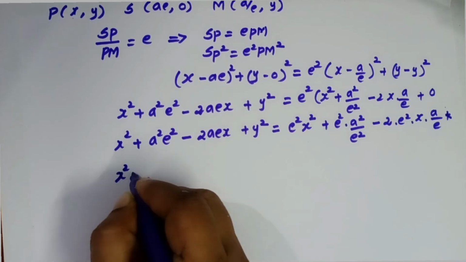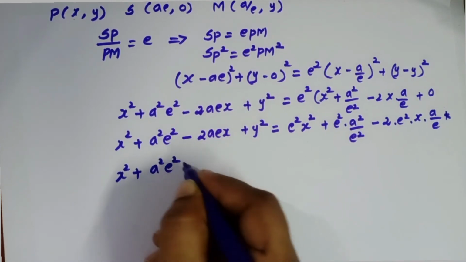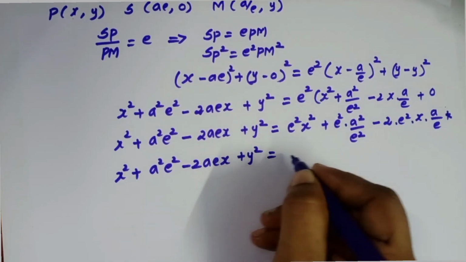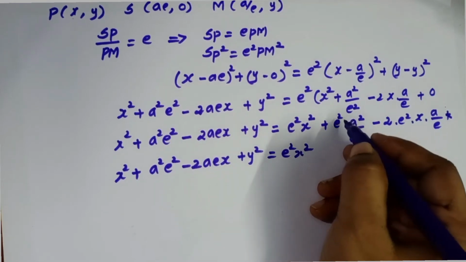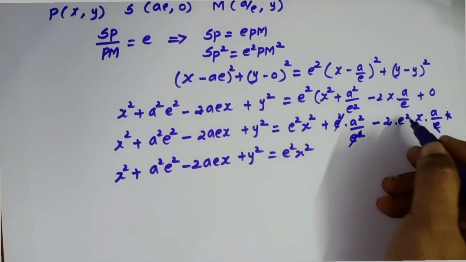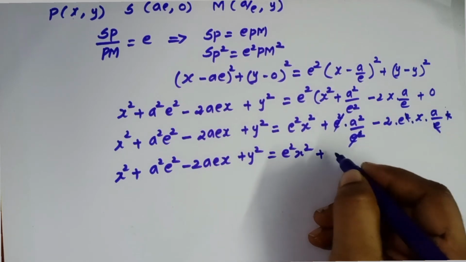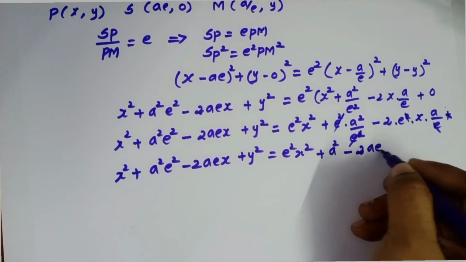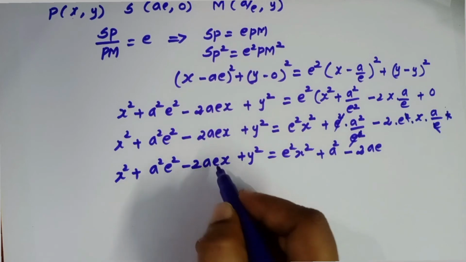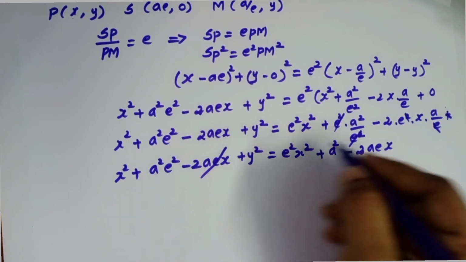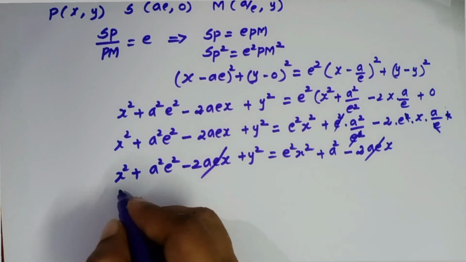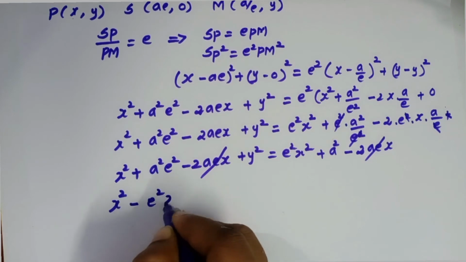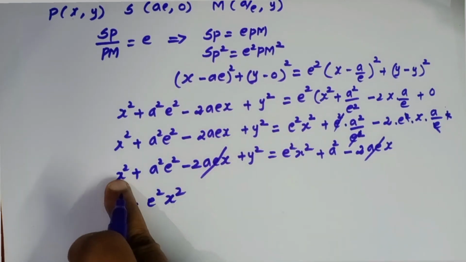So now you get x squared plus a squared e squared minus 2aex plus y squared, which is equal to e squared x squared plus a squared minus 2aex. The e squared terms cancel, and the minus 2aex terms will get cancelled. Here, x squared minus e squared x squared, that is the like coefficient.